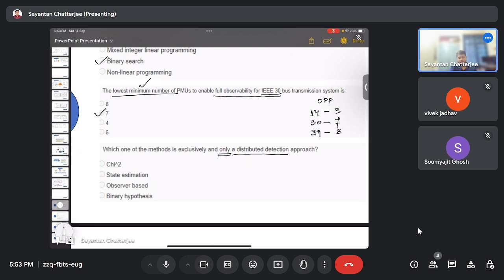Chi-square test, state estimation test, observer based, binary hypothesis based.